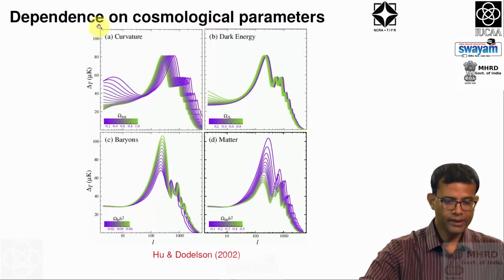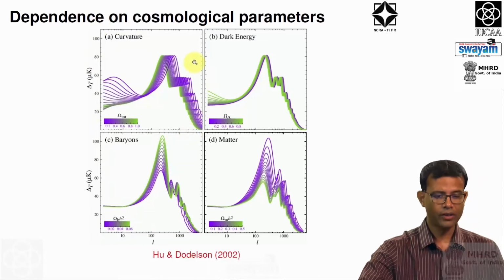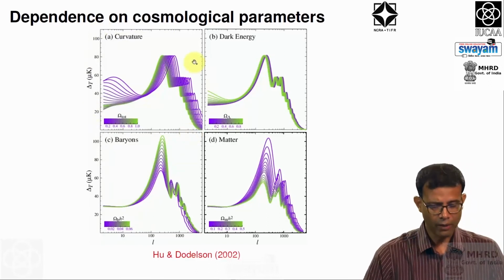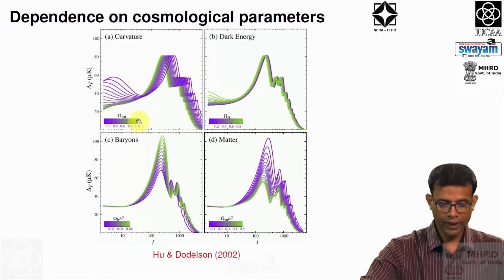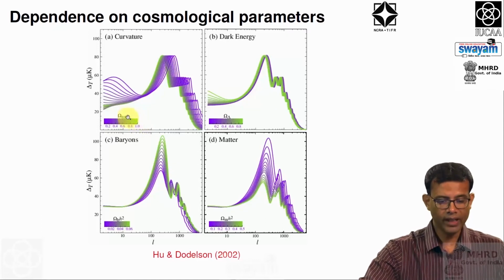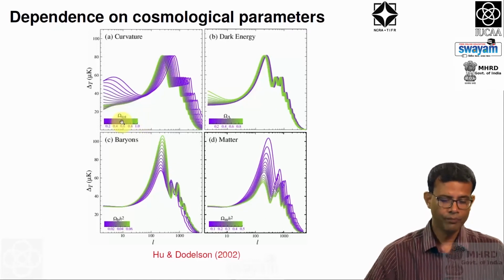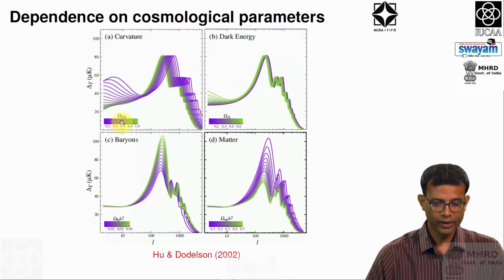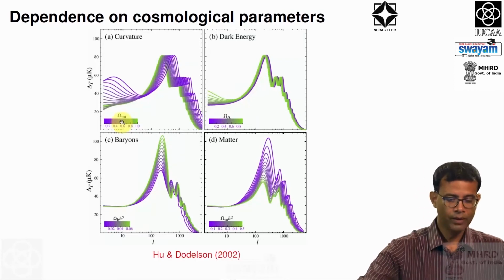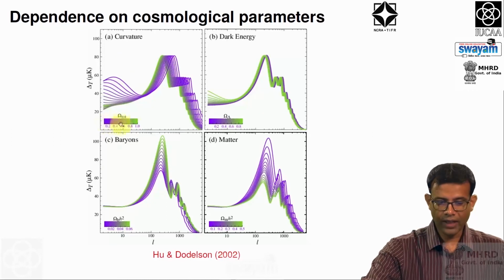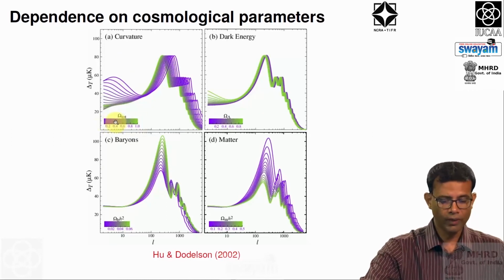For example, in this case one studies the effect of varying the curvature parameter, or omega total. Remember, omega total equal to 1 means a flat universe, and omega total less than 1 will give you a universe which has less matter, so it is an open universe. And different colors correspond to different values of omega total.